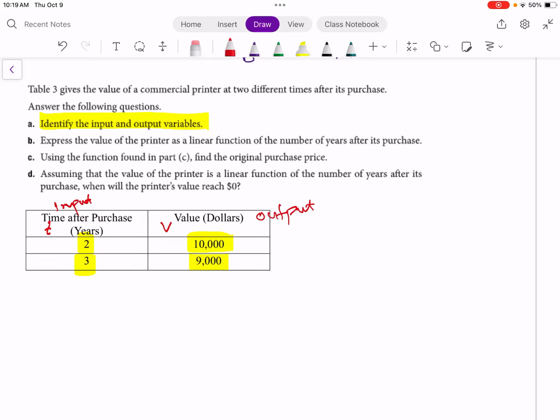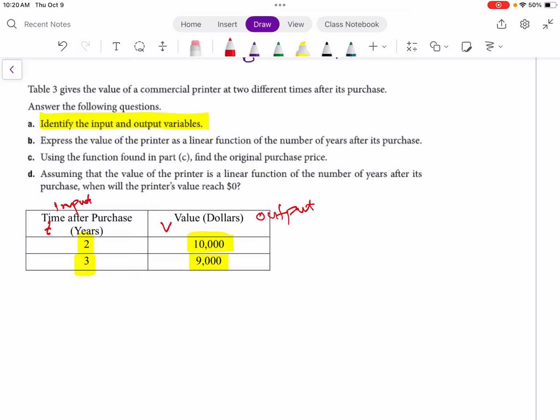Our output is dependent. It depends on other variables. Now the value of the printer, on what factor does it depend? As the number of years increases, the value of the printer is different. Do you agree? Let's consider you bought the printer for $15,000.